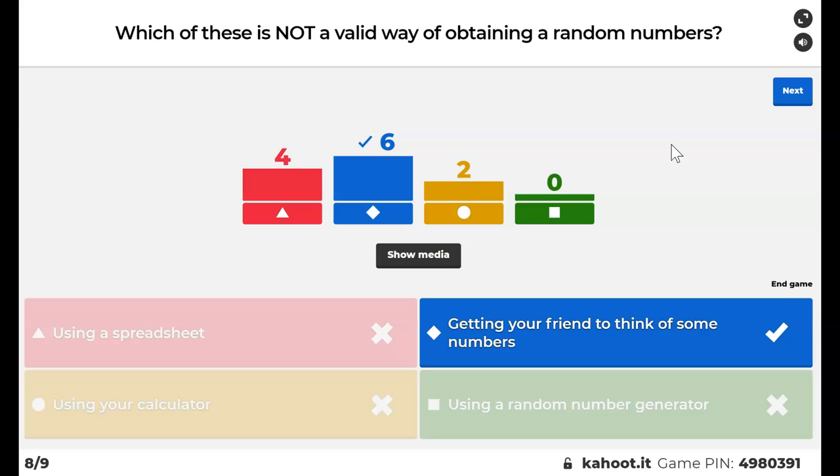Getting your friend to think of some numbers is not a valid method, because you're not going to be as efficient as a computer in being truly random. Some people will think, well, I'm not going to say 1 or the max number, I'm going to say a lot of numbers in the middle. Or you might think, I've already said that one, I can't say that again, whereas a computer won't care what it's previously done, it will do something truly random next time.